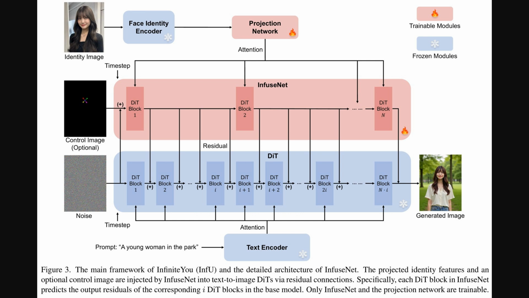InfuseNet then calculates these residual signals, which are added into the main frozen Diffusion Transformer, or DiT, blocks below it. This is how it injects the identity without directly modifying the main model, like those IP adapters we mentioned. Only InfuseNet and that projection network are trained.